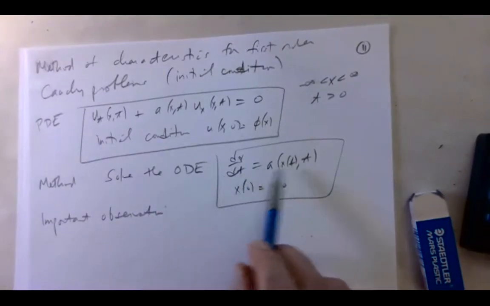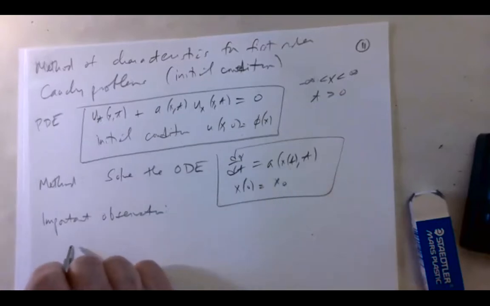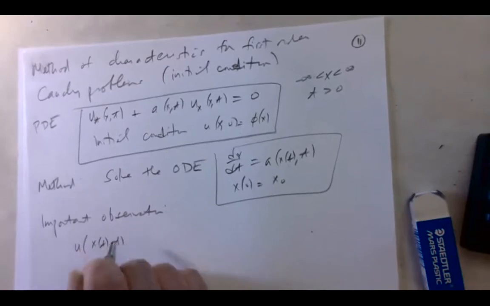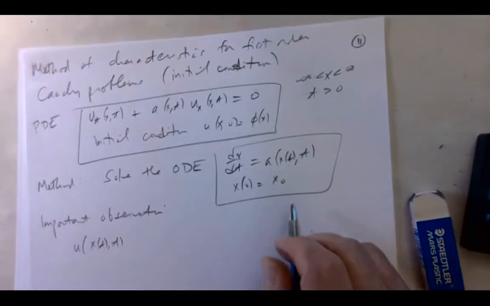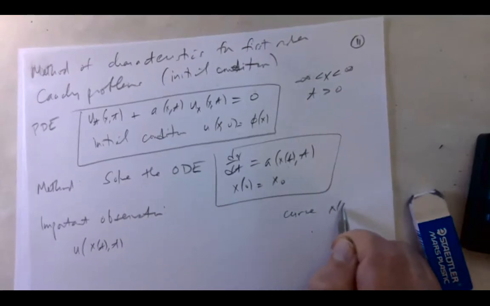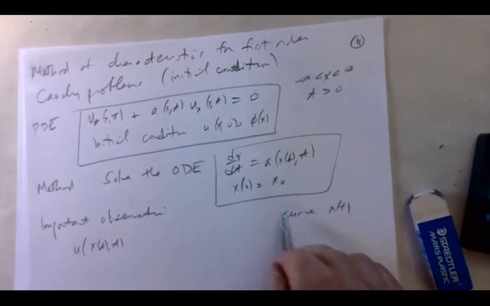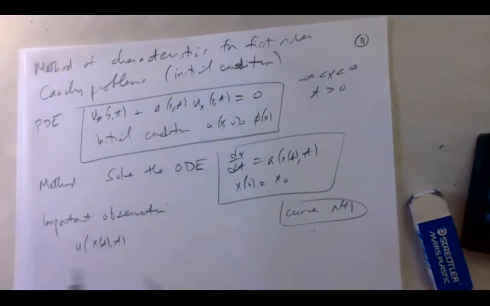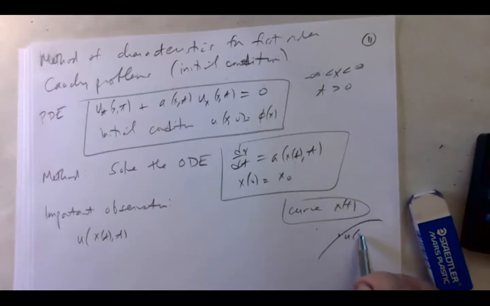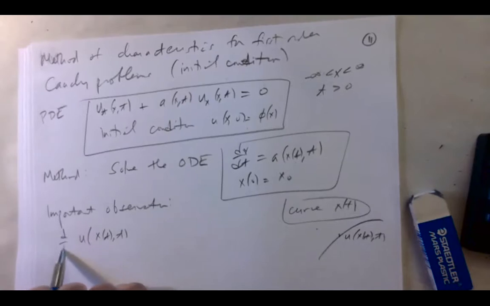So for this function that solves this ordinary differential equation, if I look at u evaluated at x of t comma t, this is some curve. x is a function of t. So along this curve, whatever it looks like, evaluate u at x of t comma t. Let's differentiate this function of t with respect to t.